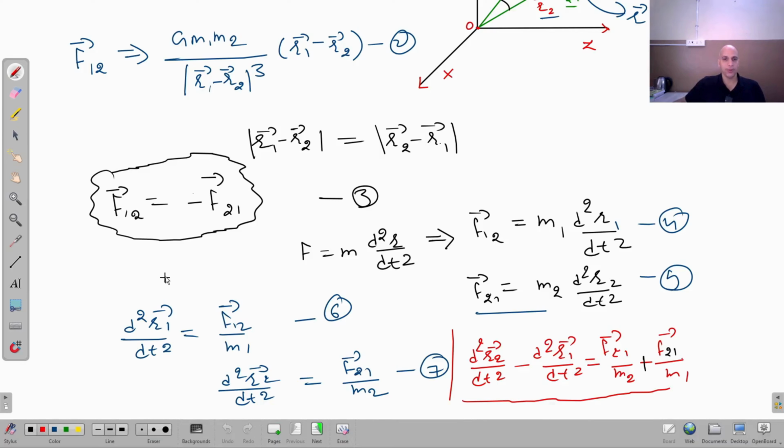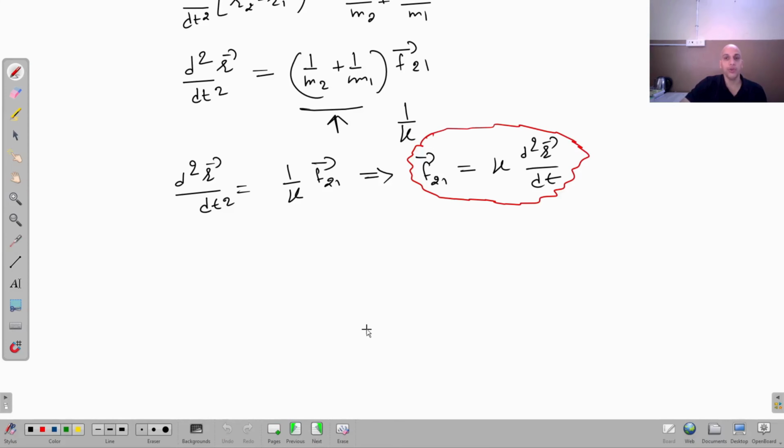Earlier I had two equations, equation number 6 and equation number 7. So I had two equations of motion for the two bodies. You can even call equations 4 and 5 the same. But now these two equations are reduced into one equation, right? So this is known as the reduction of a two body problem into a one body problem.